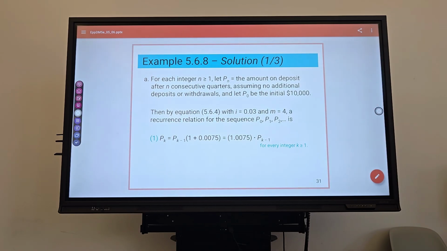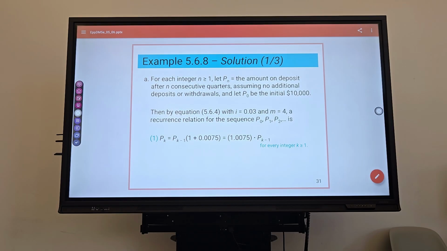Well, for each integer n greater than 1, let p sub n be the amount on deposit after n consecutive quarters, assuming no additional deposits or withdrawals, and let p sub 0 be the initial $10,000. Then by equation 564, with I equals 0.03 and m equals 4, the recurrence relation for the sequence is given here.